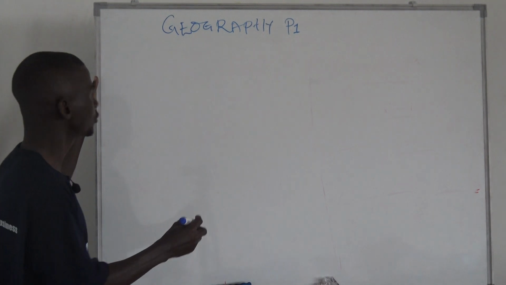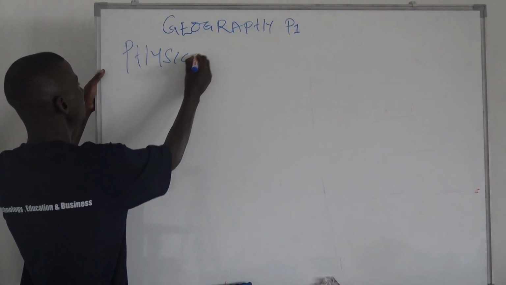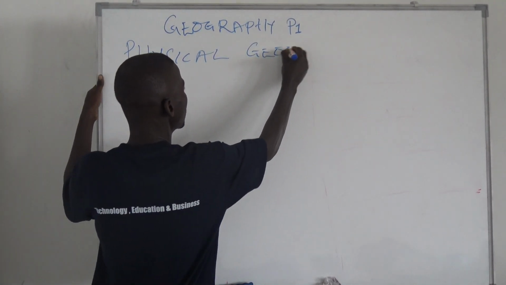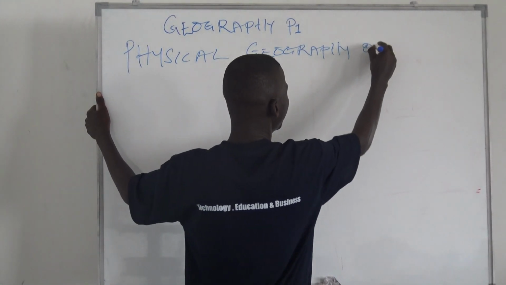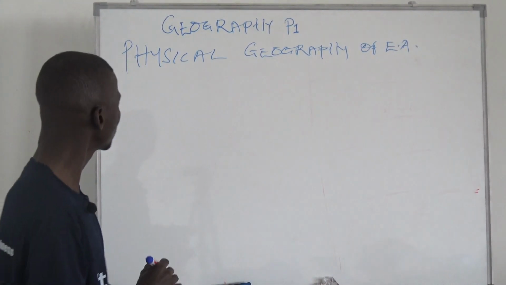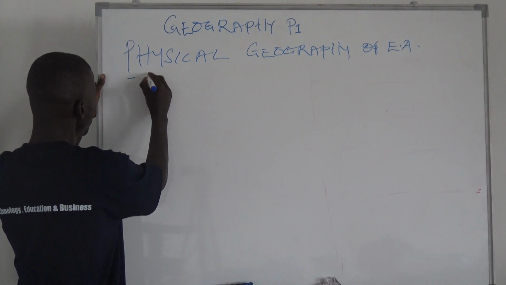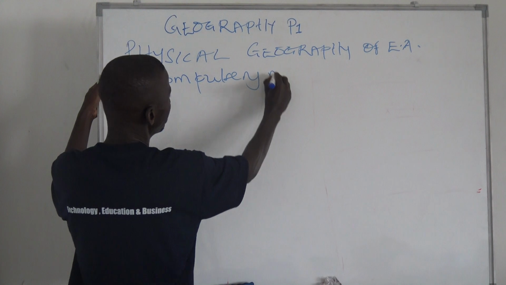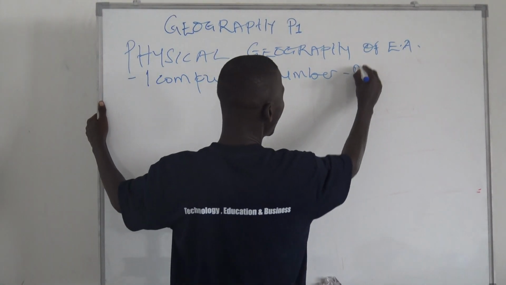The paper has one compulsory number. That is map work.